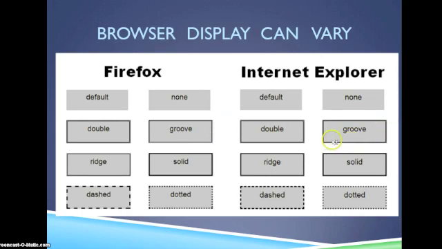It looks almost the same, or actually a little bit darker than the double here. And it looks similar to the solid. Here we have solid, we got ridge, we got dashed. Notice the difference in the dashes. And we have dotted. Notice the difference in the corners on the dots for the dotted. Those are the various types that you can use.